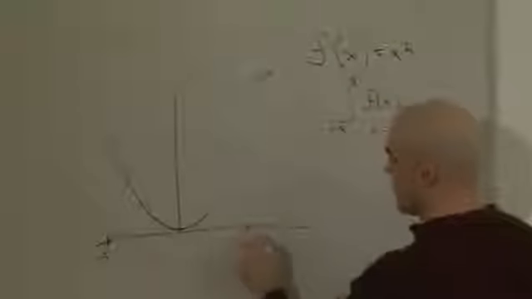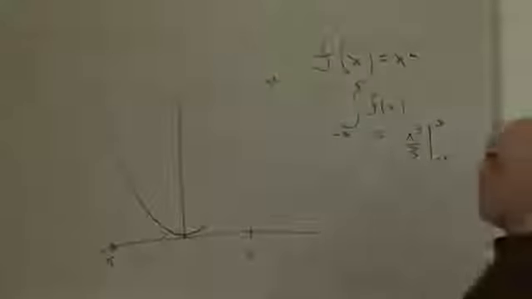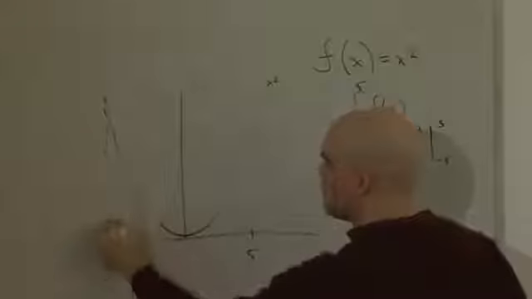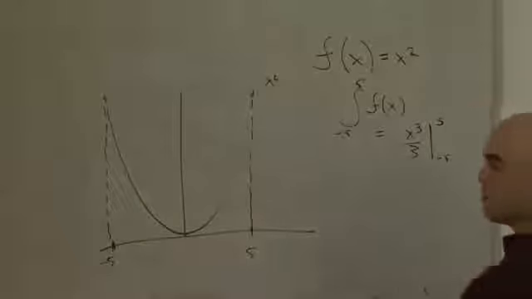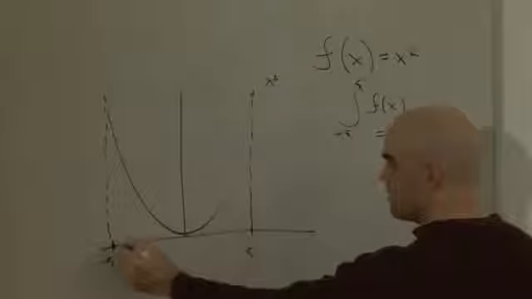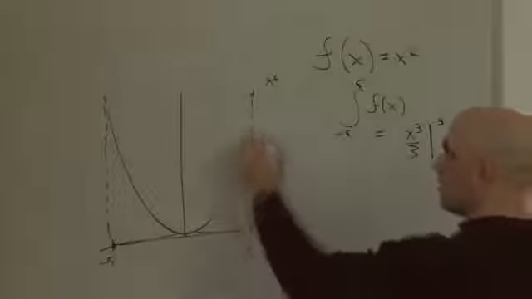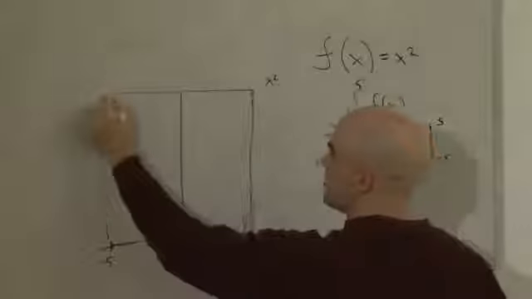I'm going to take a function, and this is going to be x squared. And then I'm going to take an x min and an x max. These become my left and right boundaries. And then I'm going to find the minimum of the function between these limits and the maximum of the function.